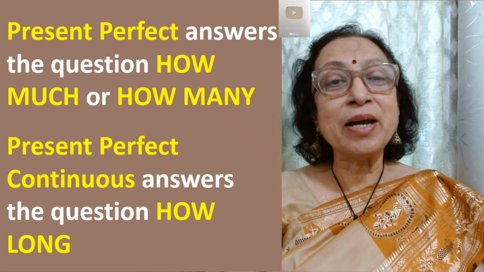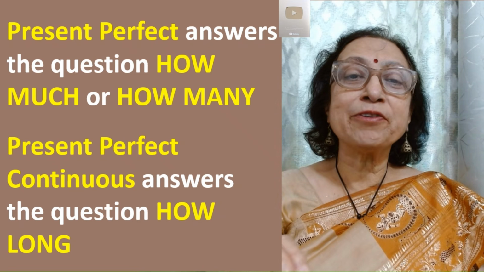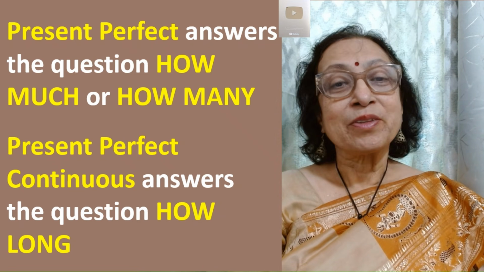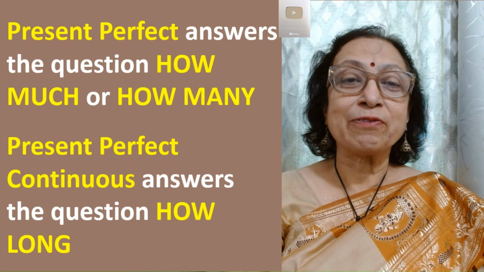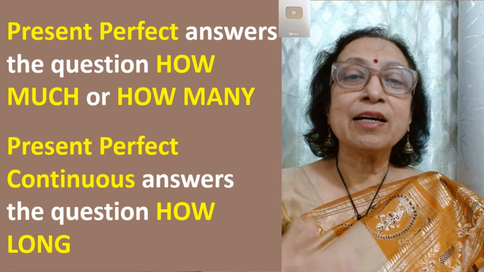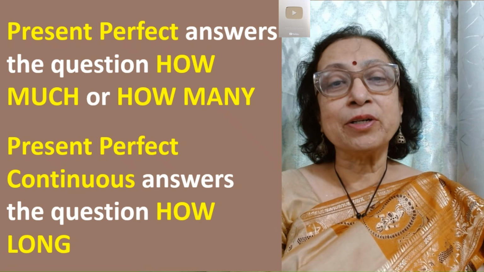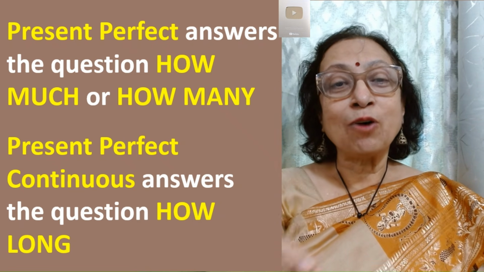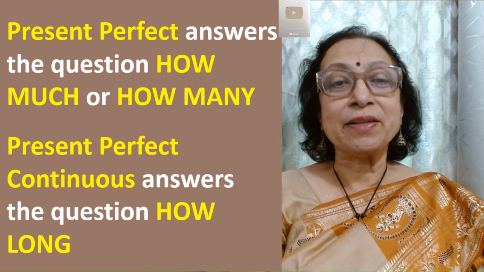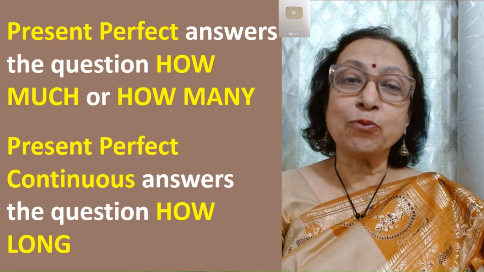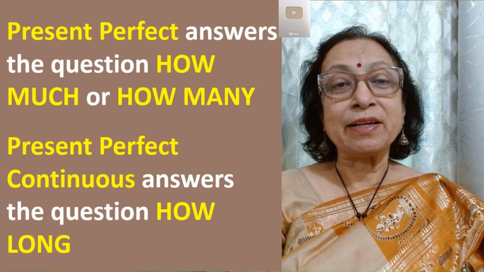The answer is many. Or I have sent 5 reminders to the client. How many? 5. I have given the client 1 hour or 1 month. How much? You say 1 month. So this is what you have to find out.